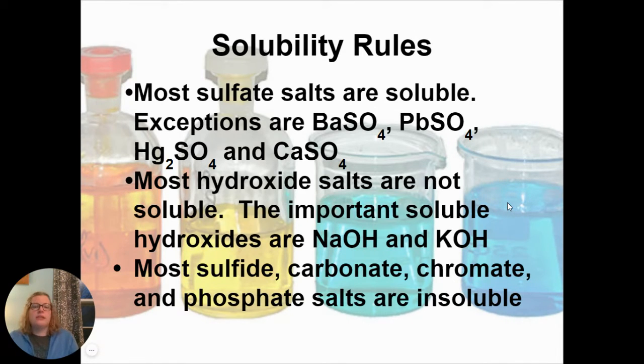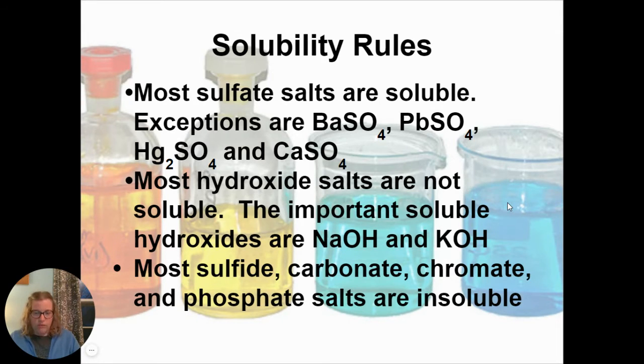Most of your hydroxides are not soluble, but there are 2 that are, and they are sodium hydroxide and potassium hydroxide. So those guys are going to be really readily soluble, and they dissolve a lot. Okay. The other ones do not dissolve very well when you put them into water, just because they kind of settle out as a solid instead.